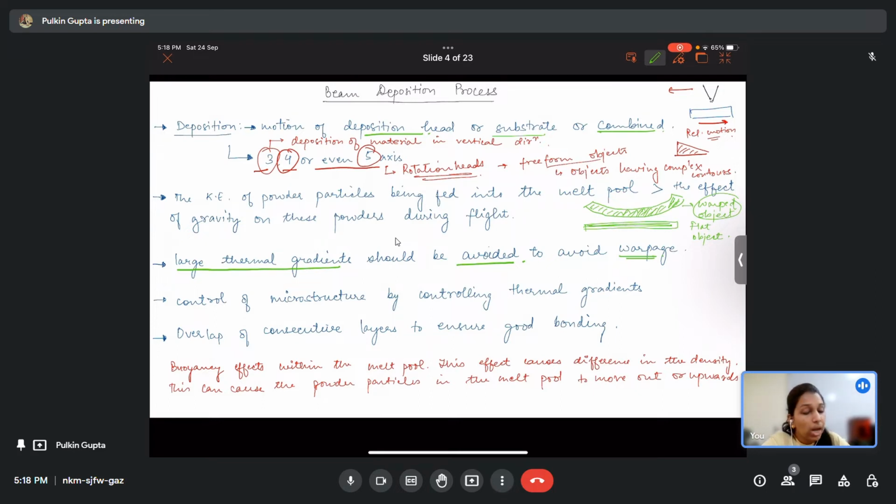Why does these objects warp? Because whenever there are large thermal gradients, what it means is very large temperature differences at different points of the object. So because of this large temperature difference, your heating or your cooling rates will be different. So this will result in different cooling rates.